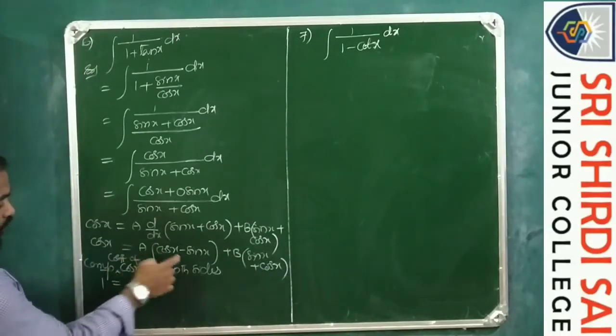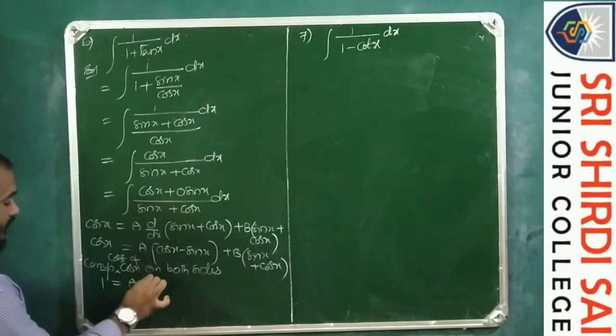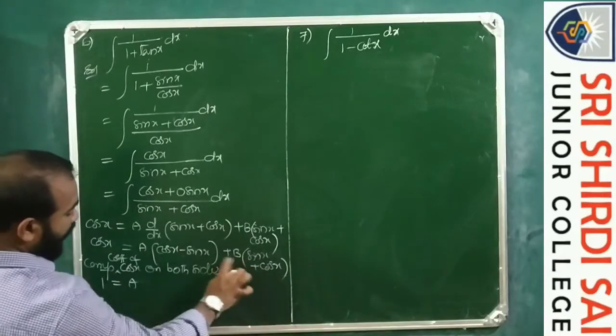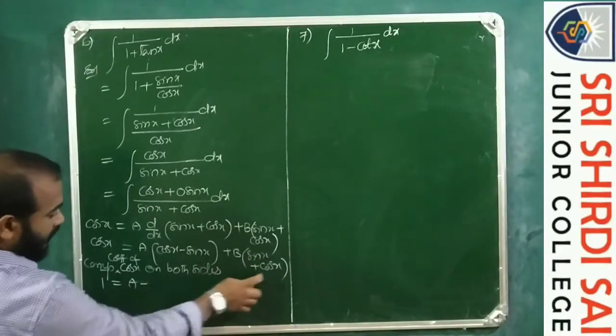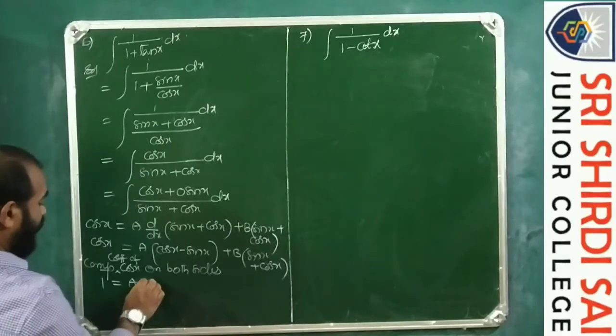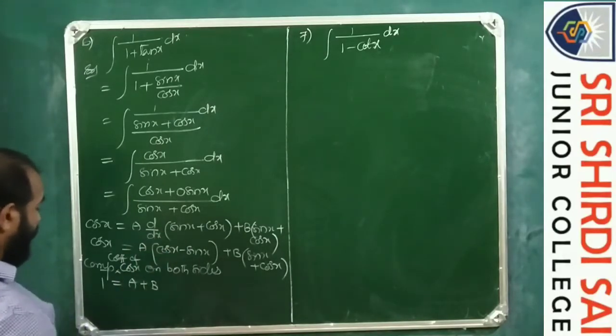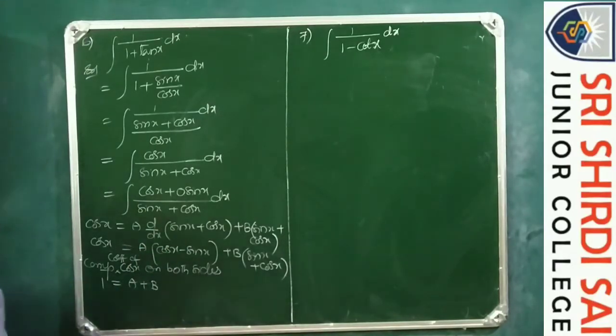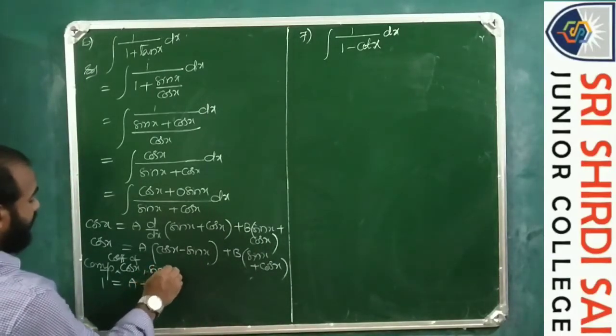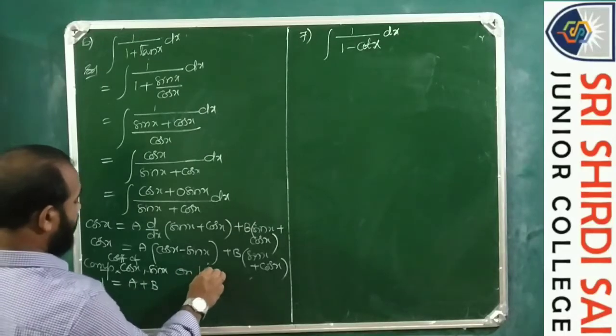Here the cos x coefficient is a, plus b cos x, its coefficient is b, so plus b. Now comparing sin x coefficients on both sides.